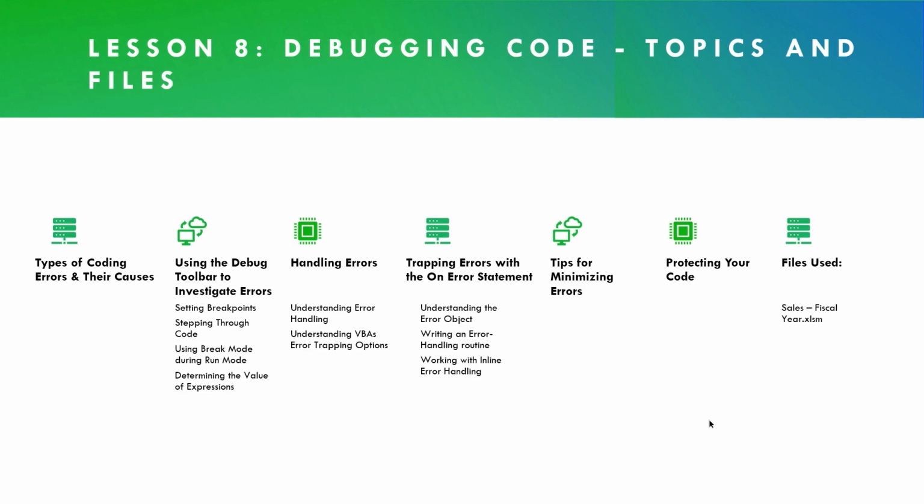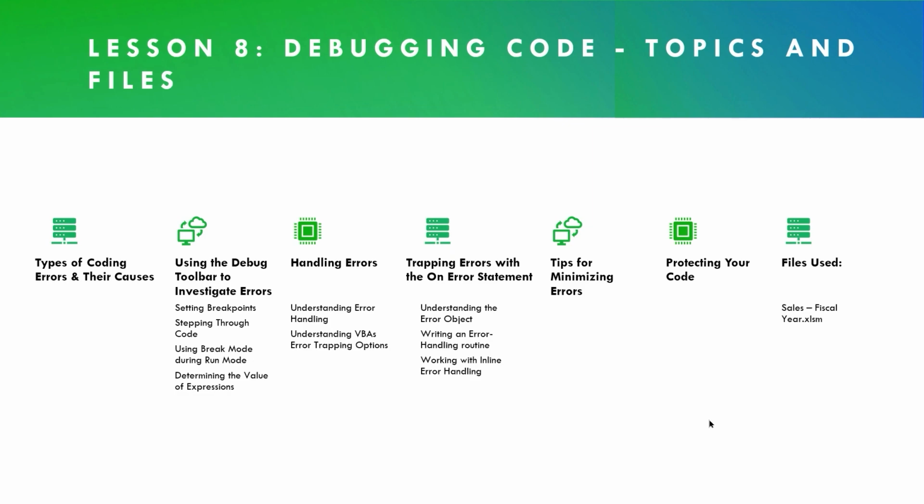We also, a little bit later in the lesson, learned how to determine the value of expressions by using the quick watch window, and a little bit about how to set up the watch window to monitor the values of various expressions. And you also learned how to use the locals window in order to be able to monitor the value of variables during certain points of program execution.